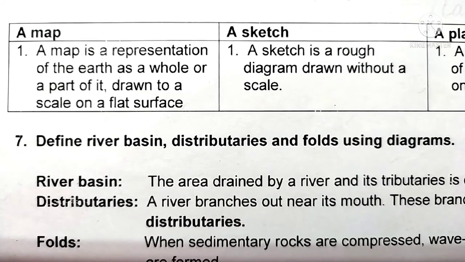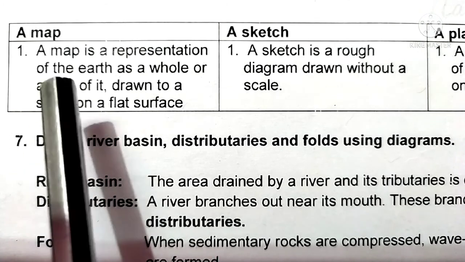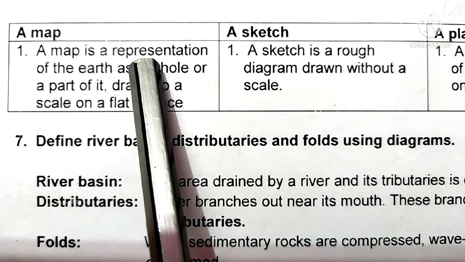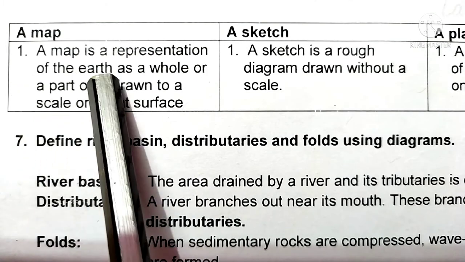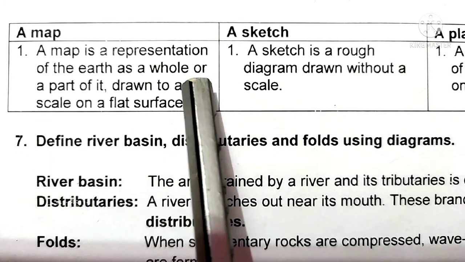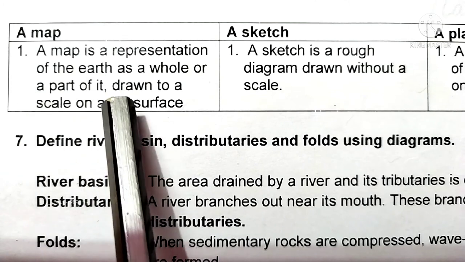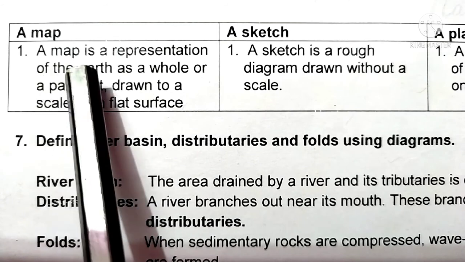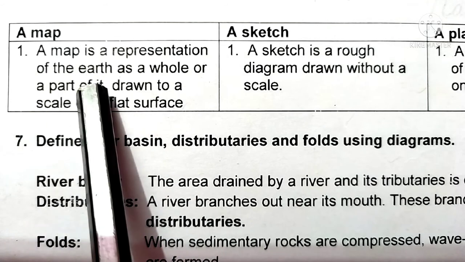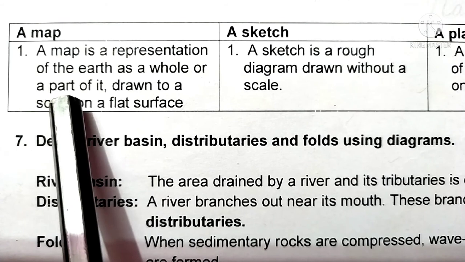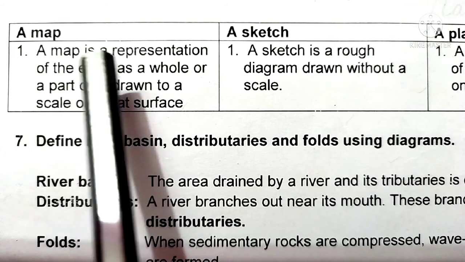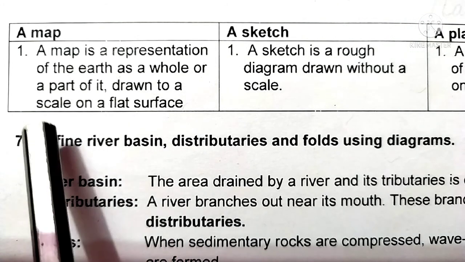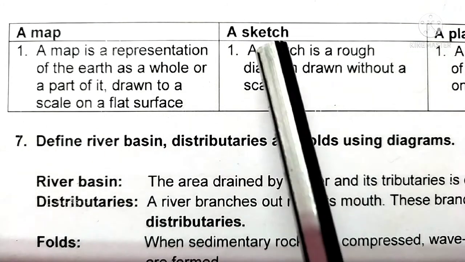Now here comes the distinguishing. A map. A map is a representation of the earth as a whole or a part of it drawn to a scale on a flat surface. So a map can be drawn for the whole earth or a part of the earth drawn to a scale on a flat surface. A sketch.